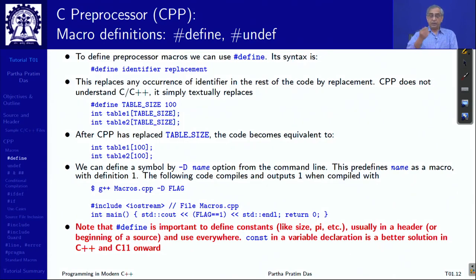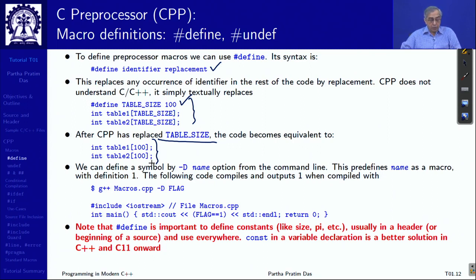So, quickly, this you already know. The hash define takes an identifier and a replacement, whether there is a form with parameters or a form without parameters, you know all of that. So, when I write this, CPP will replace this and generate this, and that is what will go to the actual compiler.